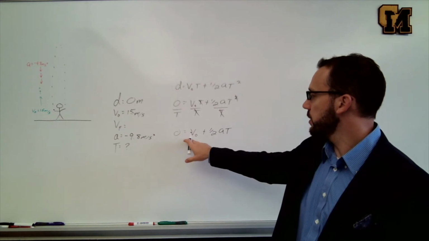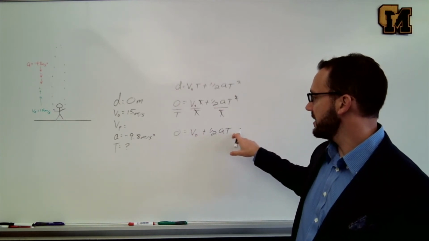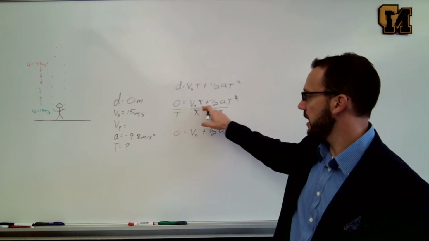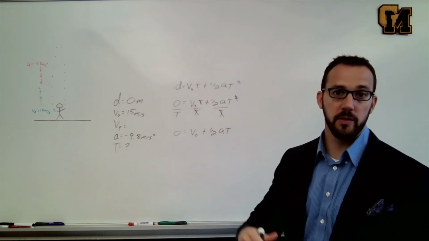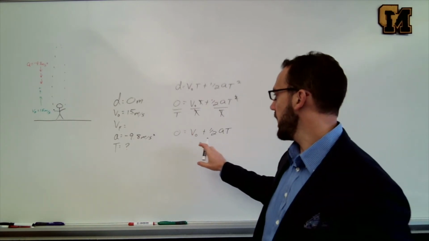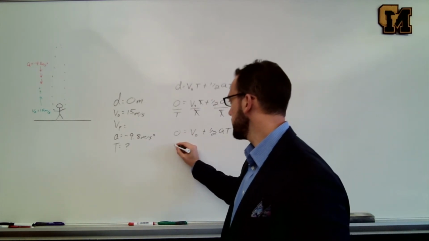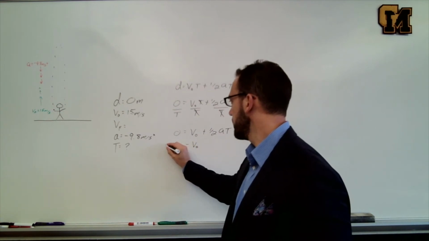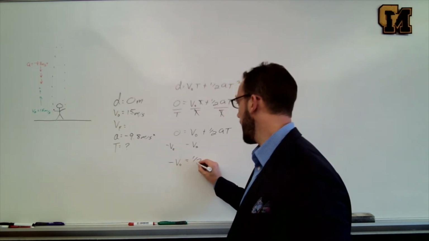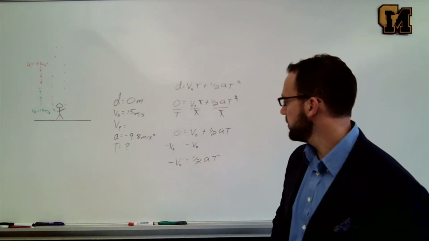So, okay, 0 equals V naught plus 1/2 AT, because the T got rid of the squared, and 0 divided by anything is still just 0. So now we can solve this thing for time. I'm going to move V naught over by subtracting. So minus V naught on both sides, and then negative V naught equals 1/2 AT.